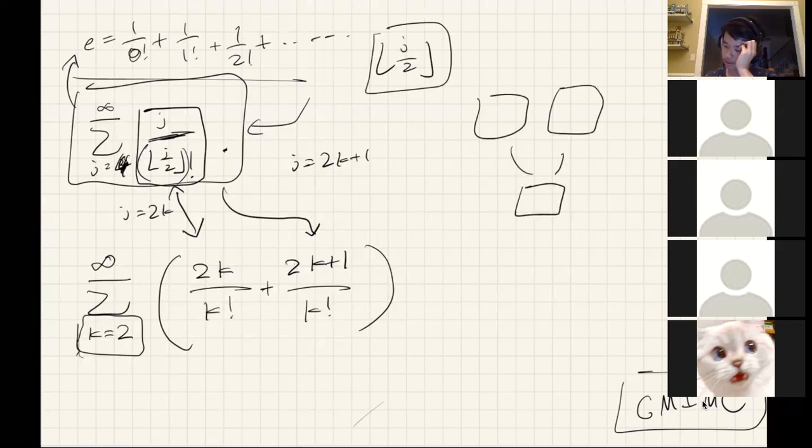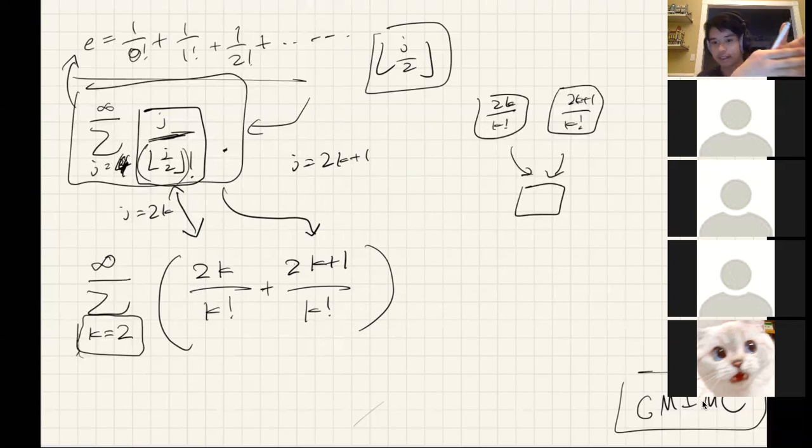So we have 2k over k factorial and k plus 1 over k factorial, and we group them together into 1 term. It's a little bit of a tricky concept, but what we've managed to do is get rid of this weird floor looking thing.